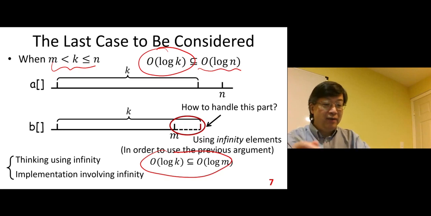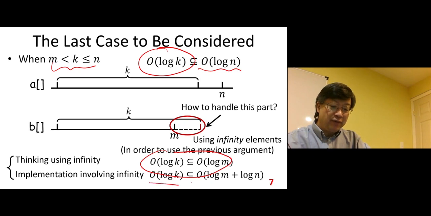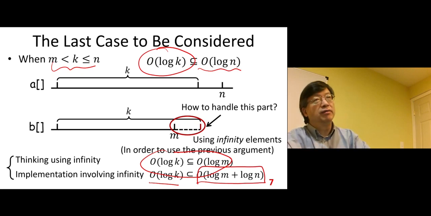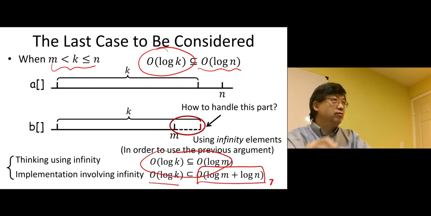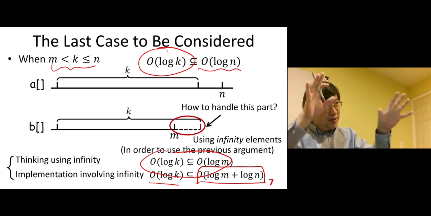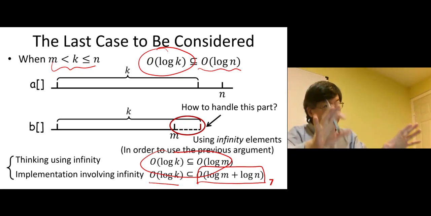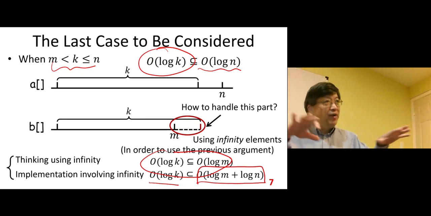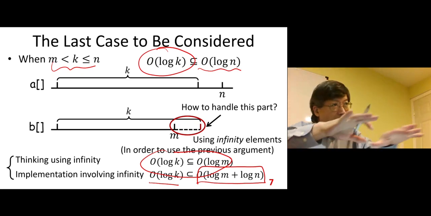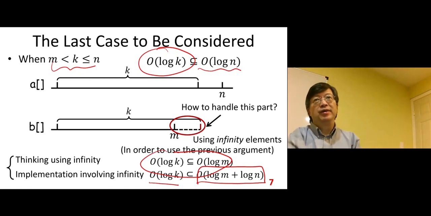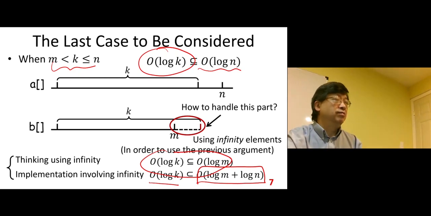So if we combine these two cases, definitely we have our big O of log k in this category. So no problem in that category. So this is the idea, the analysis, the thinking. If we get all these things working smoothly, then we solve the problem.